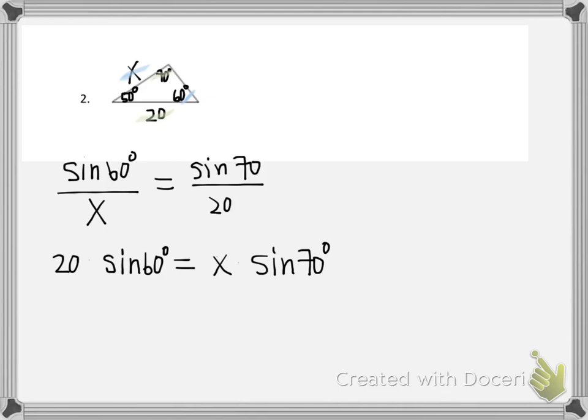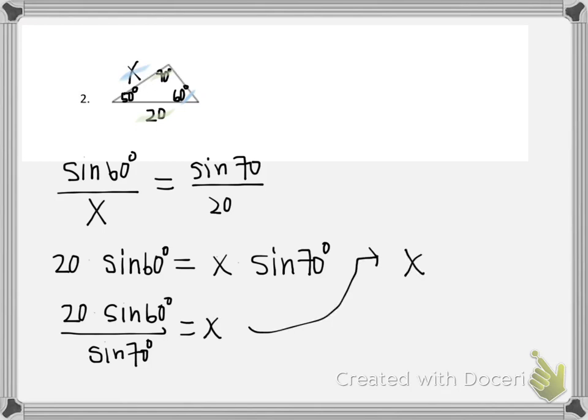Divide both sides by sine of 70, so you get 20 times sine of 60 divided by sine of 70. Put that in your calculator. Make sure your calculator is in degrees. So it's going to be 18.4.